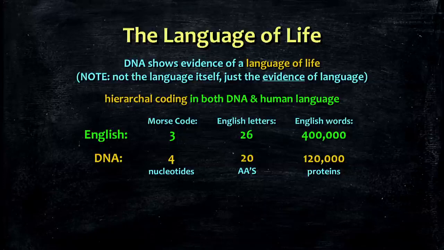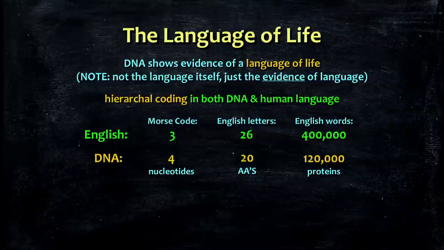You've only got three possibilities with Morse code: a dot, a dash, or a gap or a space. And with those three possible elements, you can code for the 26 letters of the English language. So you've got three elements that code at the first hierarchical level for 26 letters.